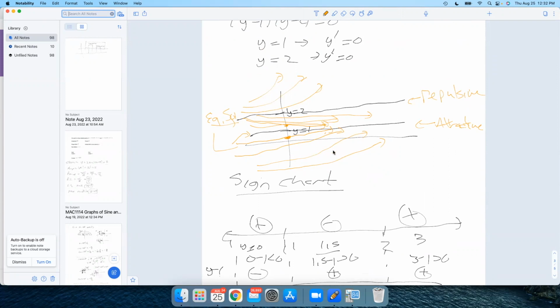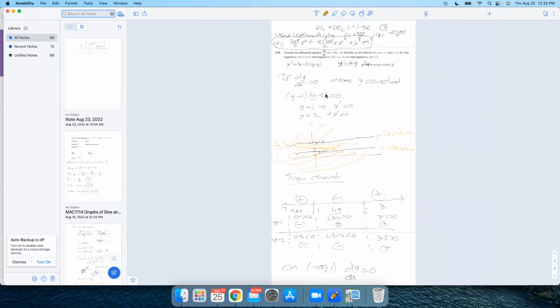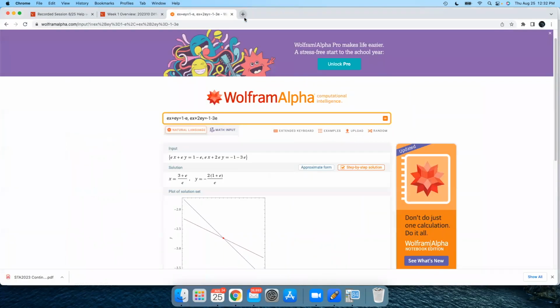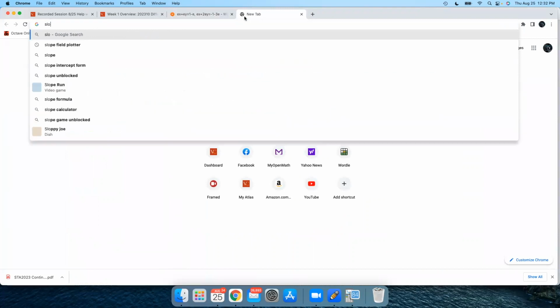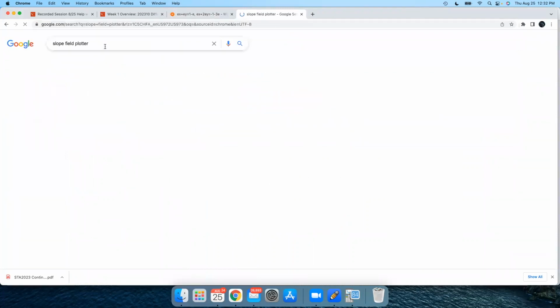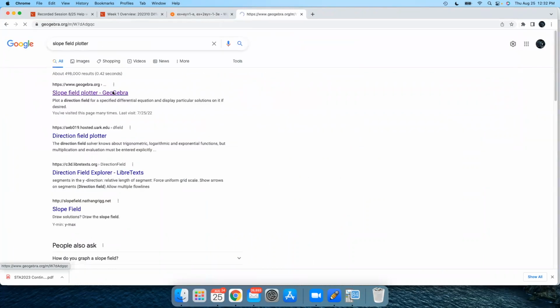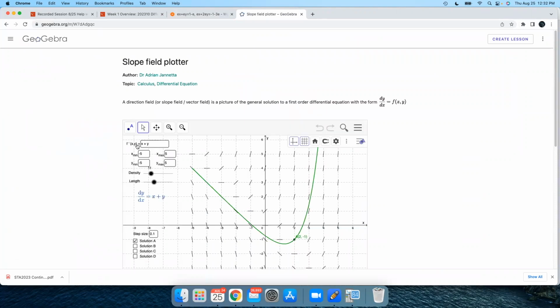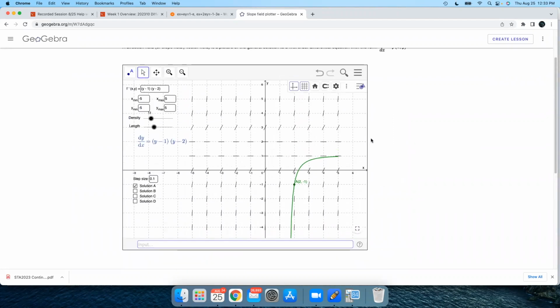Okay. And we can actually graph these out. We can look at all this using something called a slope field plotter. There they're calling it f prime, but that's really just y prime. And it was y minus 1 times y minus 2. So that's what my solution curves will look like.